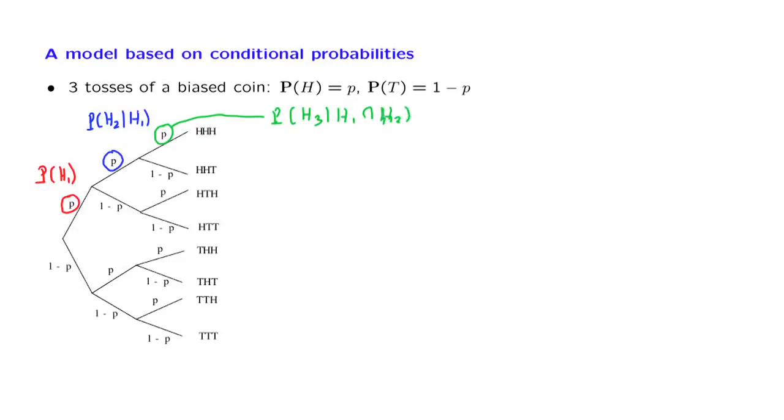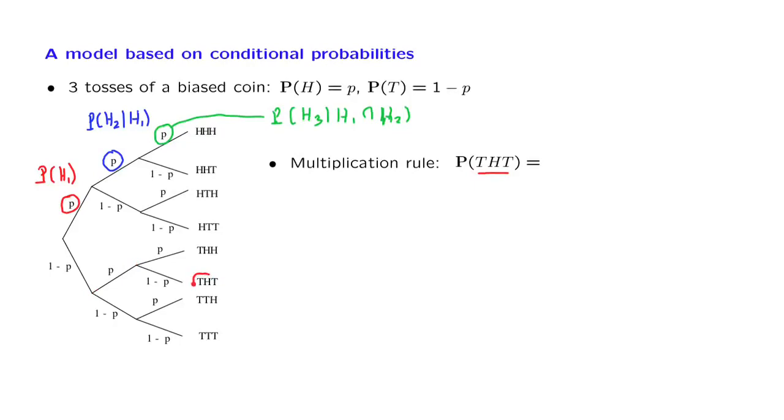Let us now continue with some calculations. First, we're going to practice the multiplication rule, which allows us to calculate the probability of a certain outcome. In this case, the outcome of interest is tails, followed by heads, followed by tails.